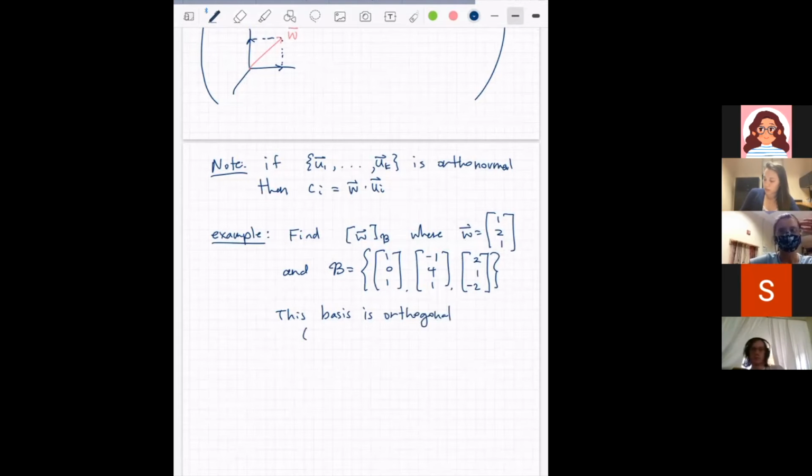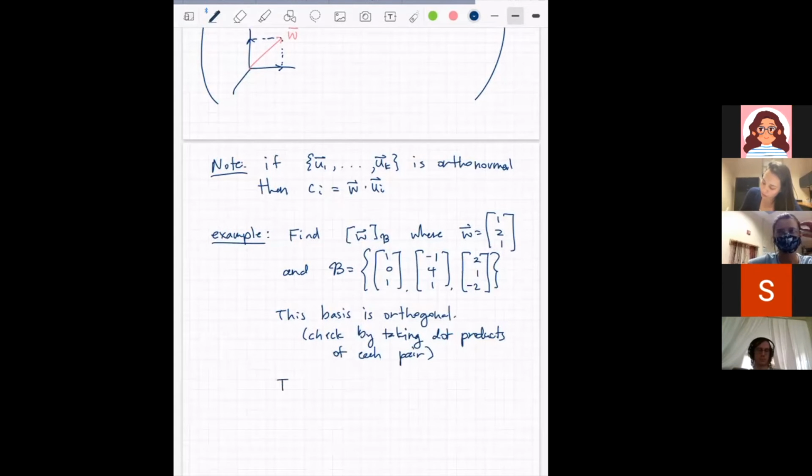You can check by taking dot products of each pair, and there are only 3 possible pairs, so it's not too difficult or time consuming.